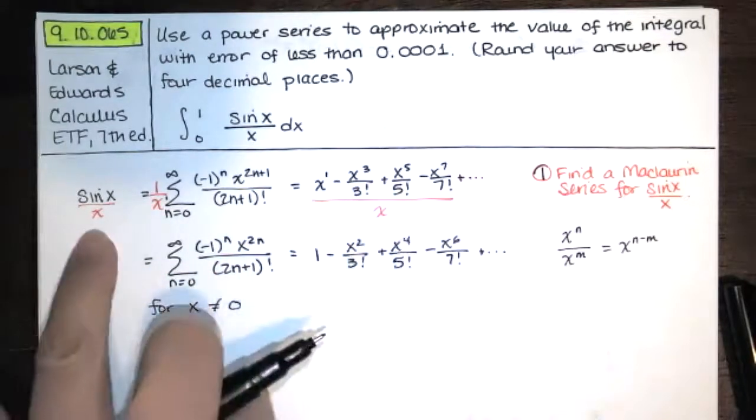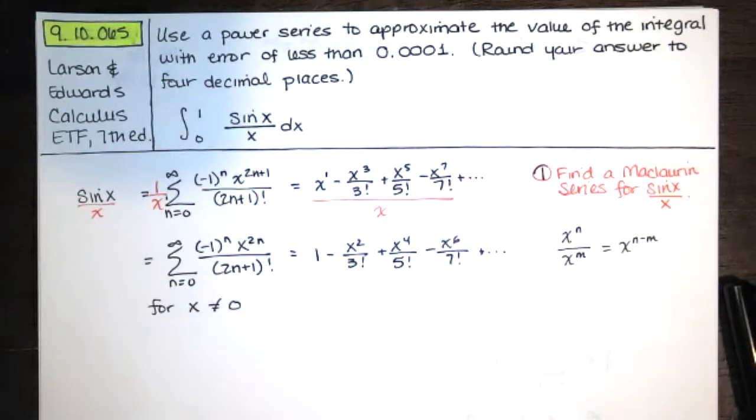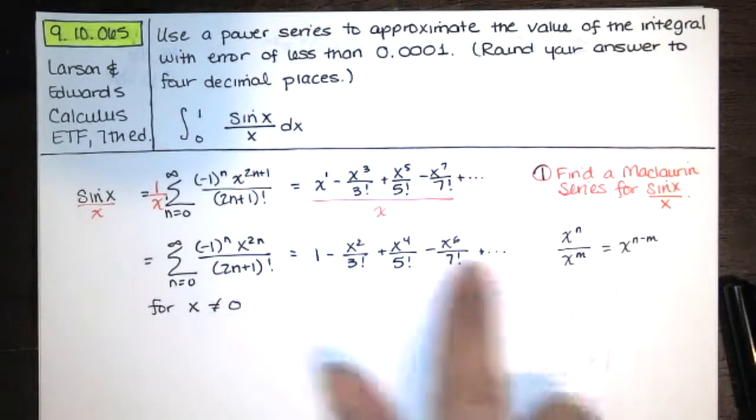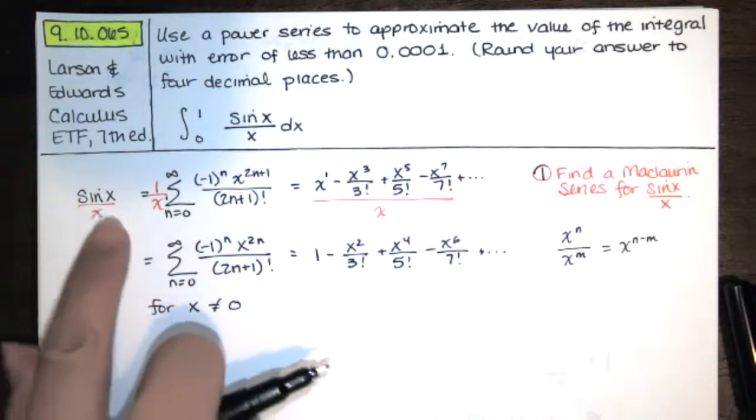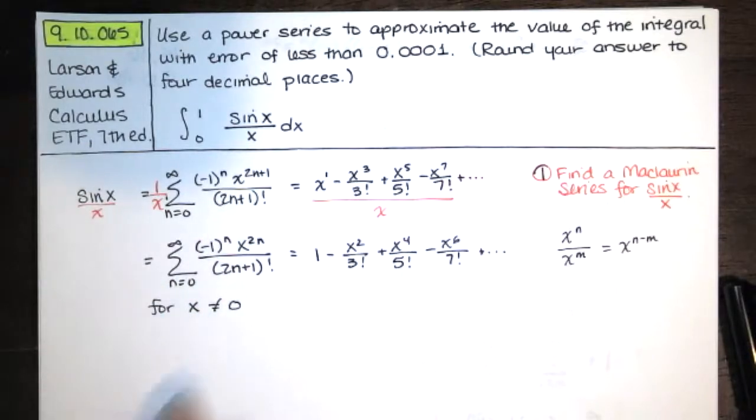If x is equal to 0, this is undefined. But if we plug 0 into the series, we get a 1 here. So the limit of this expression as x approaches 0 is 1, which is just what we saw in the picture.